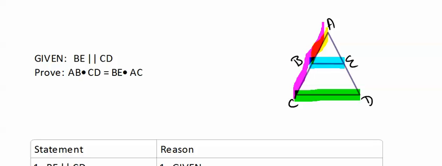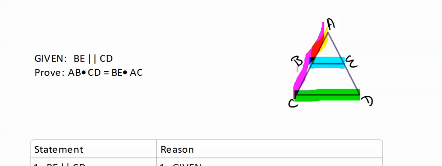Now, you'll notice that those sides are of the bigger triangle and the smaller triangle. So what we're going to try to do is prove that the smaller triangle is similar to the larger triangle, and that will establish the proportional sides, which will then establish the products being equal.